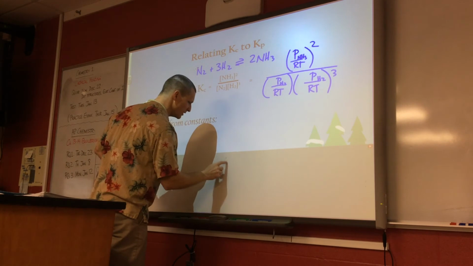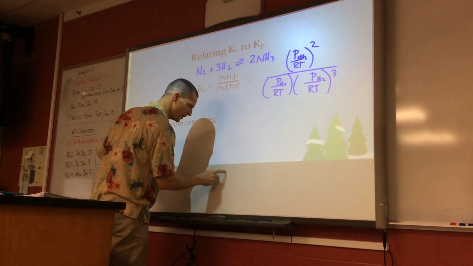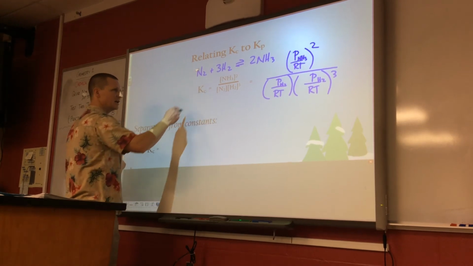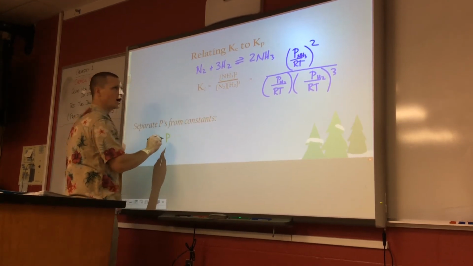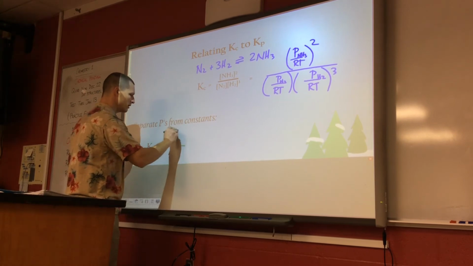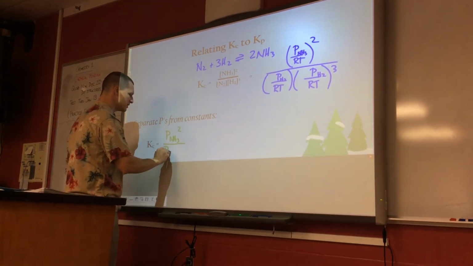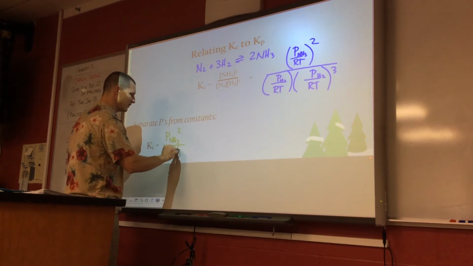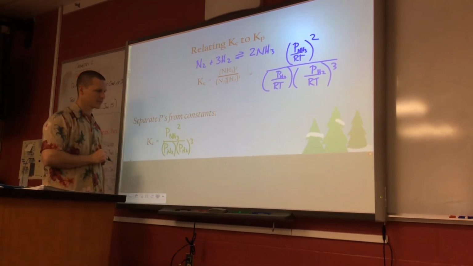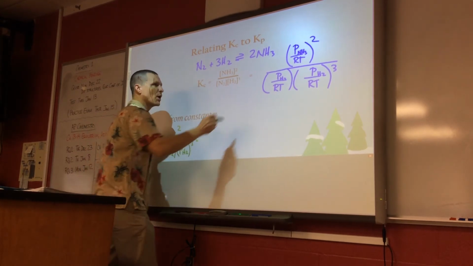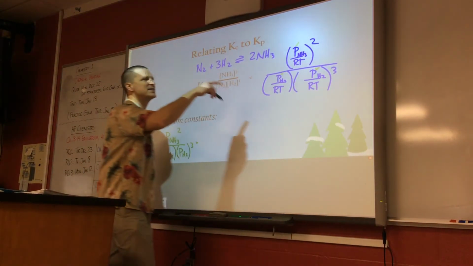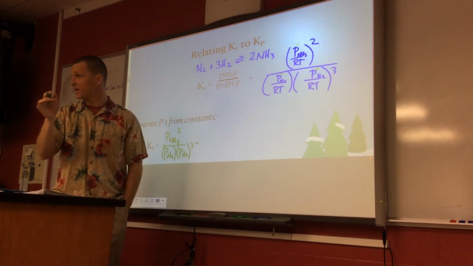So Kc equals, and it's still the Kc, the pressure of NH3 squared over the pressure of N2 times the pressure of H2 cubed, times, so I've just pulled out this, this, and this. Now we still have the RTs, and that's the only thing that's left.